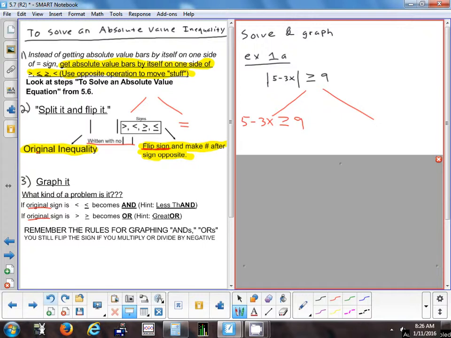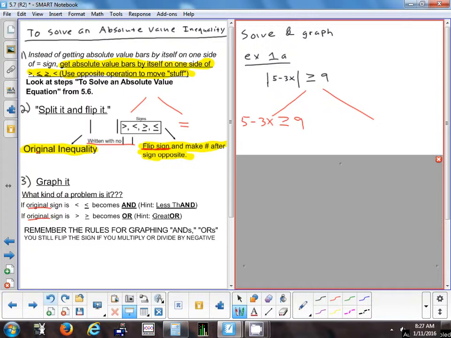For the second one, we're going to write the same thing we just did. We take out the bars, but we got to flip the sign, and we got to make the number on the other side negative. So anyone think they can give me my other inequality I'm going to solve? Corey? You can do it. It's the same as the one we just did, except flip the sign.